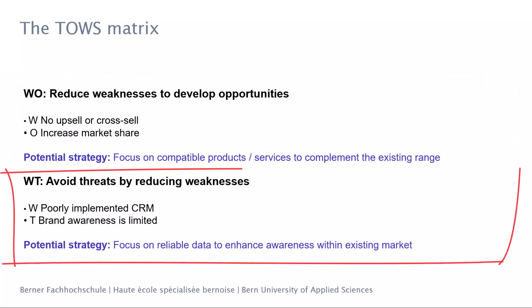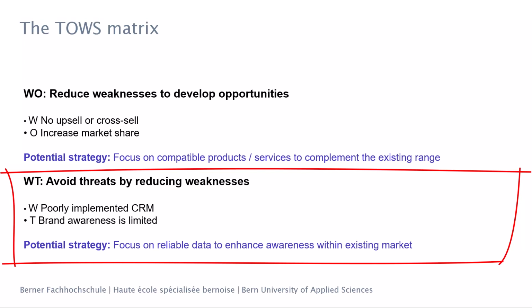The final example then, let's look at the WT perspective, where we want to avoid threats by reducing weaknesses. Our weakness might be that we know we have a poorly implemented customer relationship management strategy. We're not very good at CRM. We know we want to be better, but the main thing at the moment is to reduce our exposure to that weakness.